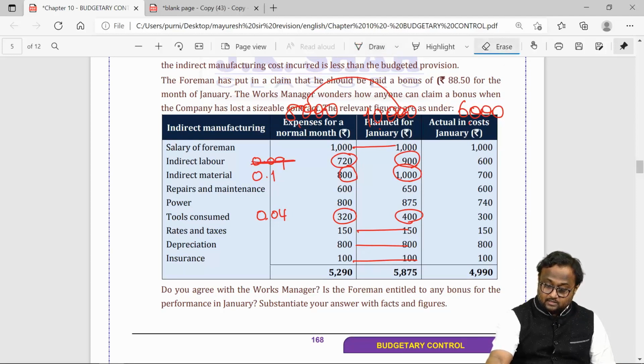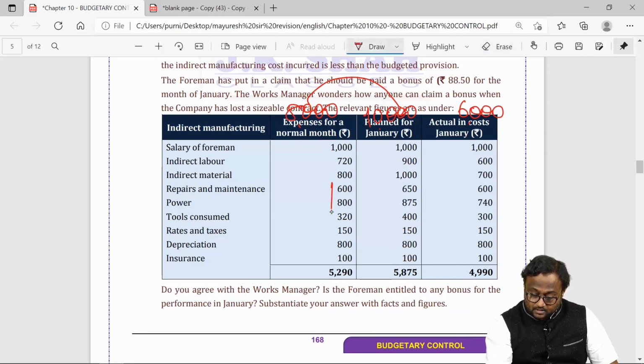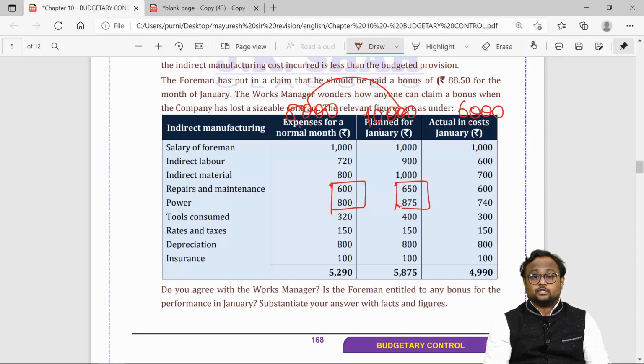So I had 4 fixed cost structures, 3 variable cost structures, and I also observed repairs and power, where neither is there a constant total cost nor a constant CPU.